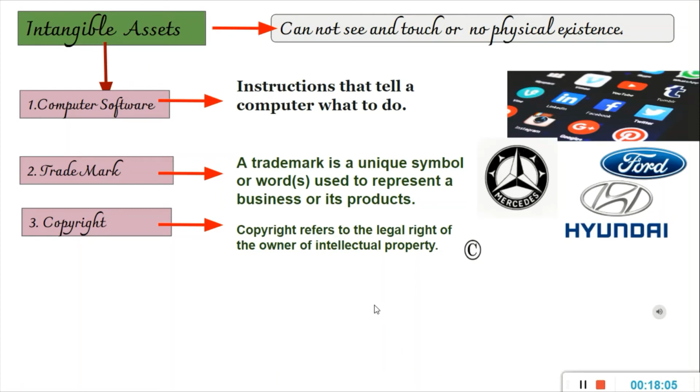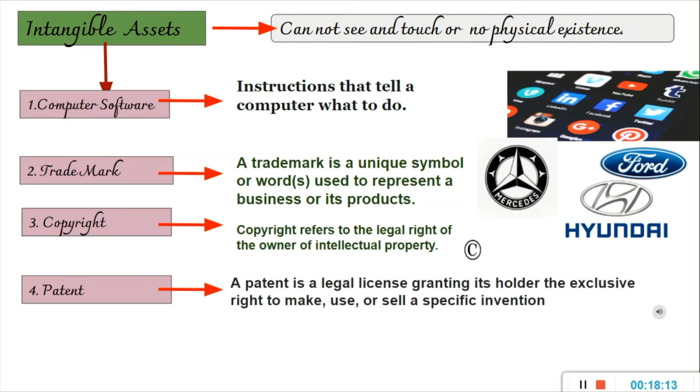Now, for the next example, we can see patent. A patent gives inventors the right to stop other people from making or using their inventions. A patent is a legal license granting its holder the exclusive right to make, use, or sell a specific invention. There are three types of patents: utility patent, design patent, and plant patent.